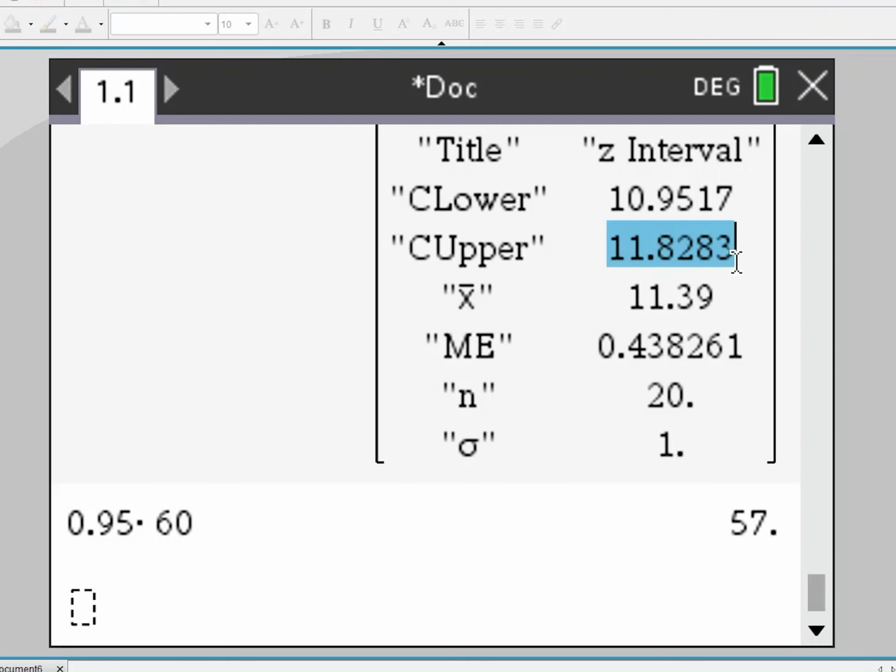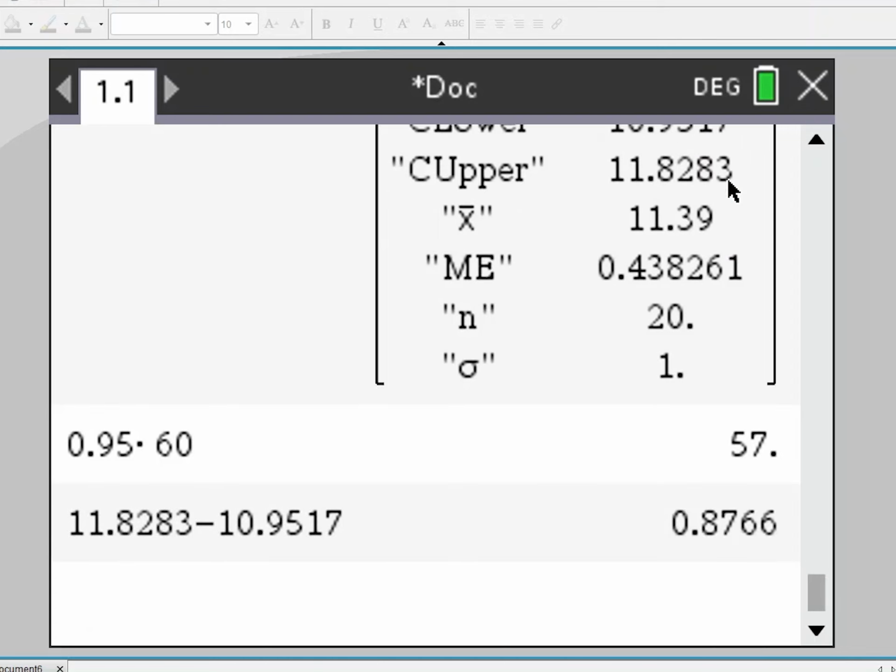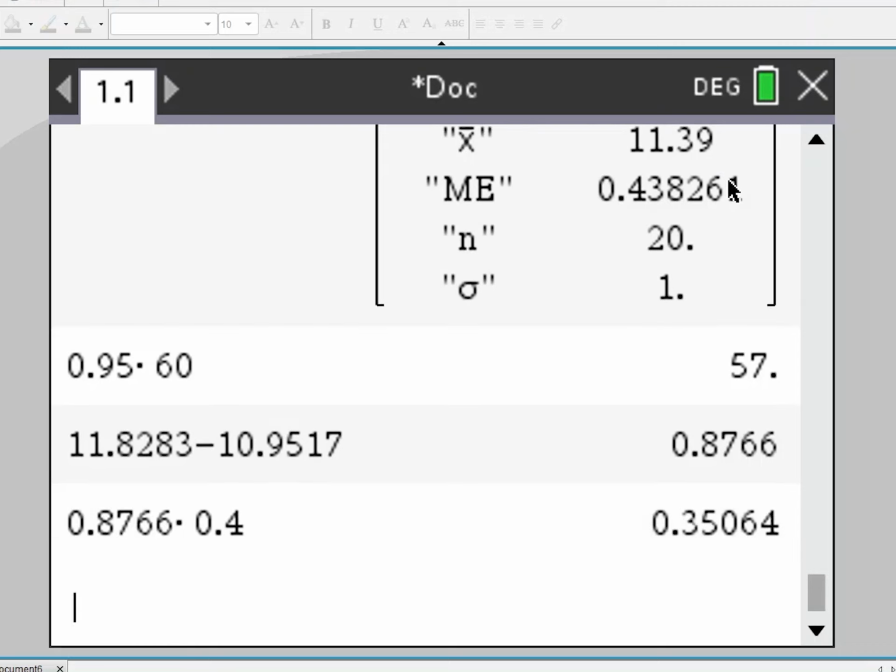If I take away that, that is our current width, and now I just want 40% of that, so times 0.4, because we want to decrease it by 60%, so the only remaining would be 0.4. So this should be the width.